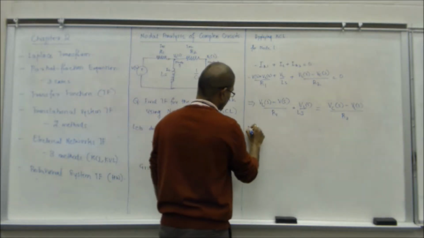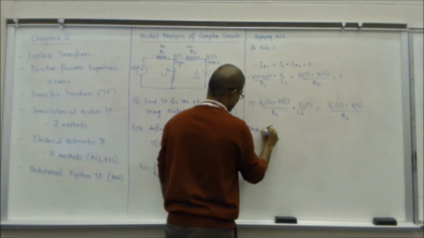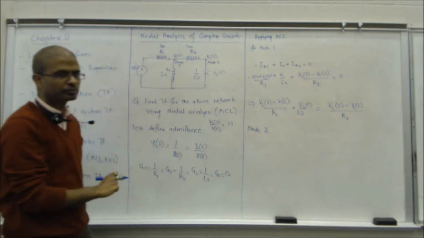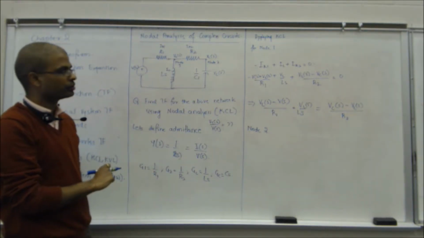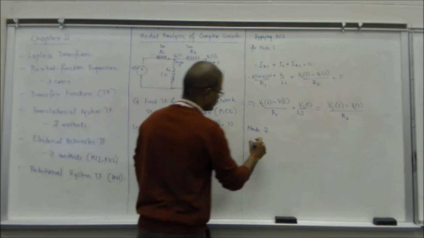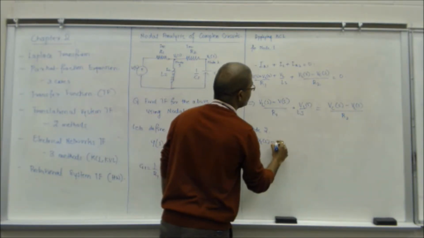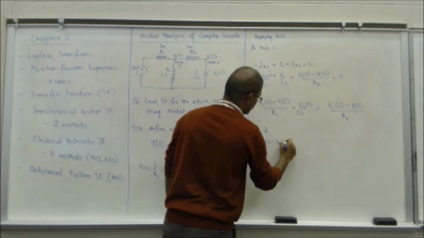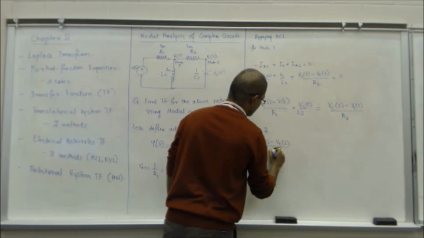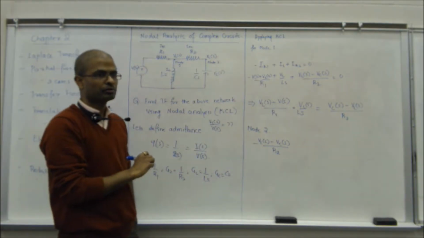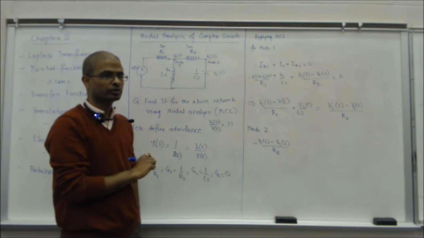Node 2. You already know what the current flowing through R2 is. What is the current flowing through R2? VL minus... This is negative. Whatever convention we follow, we have to follow it consistently.